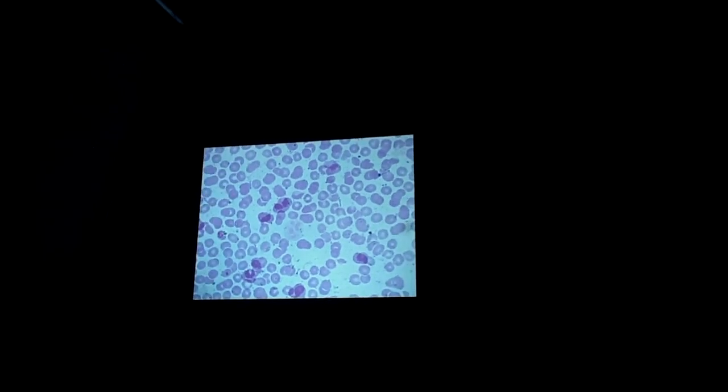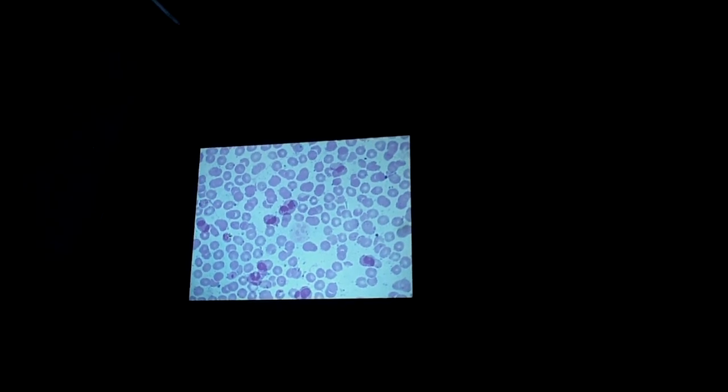Now, in a peripheral smear, the first white blood cell that you should be able to see immediately will be the neutrophils, because they are the most numerous type of WBCs in the peripheral circulation. And then after the neutrophils, you will be able to find next the lymphocytes.